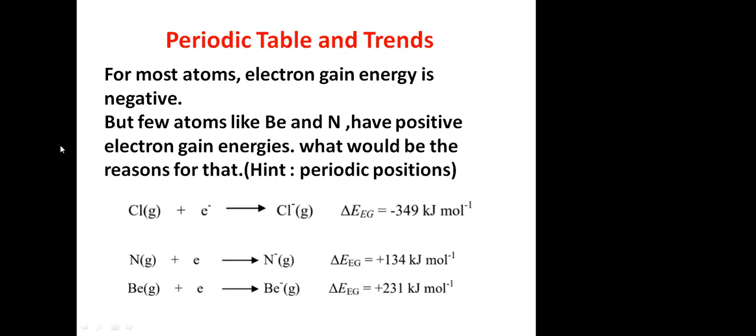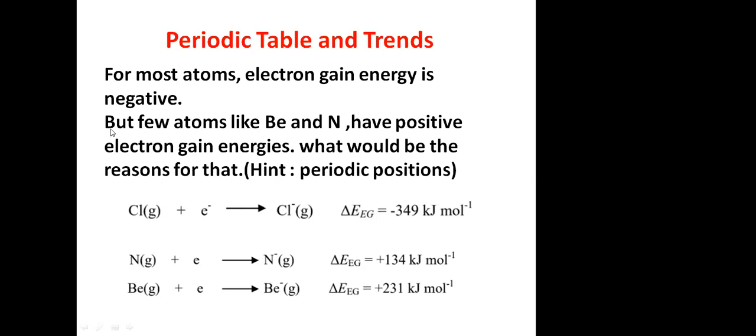Yes, teacher. The configuration of nitrogen is 1s2, 2s2, 2p3. And the configuration of beryllium is 1s2, 2s2. Electron affinity means gaining an electron. When nitrogen gains an electron, it gets destabilized.